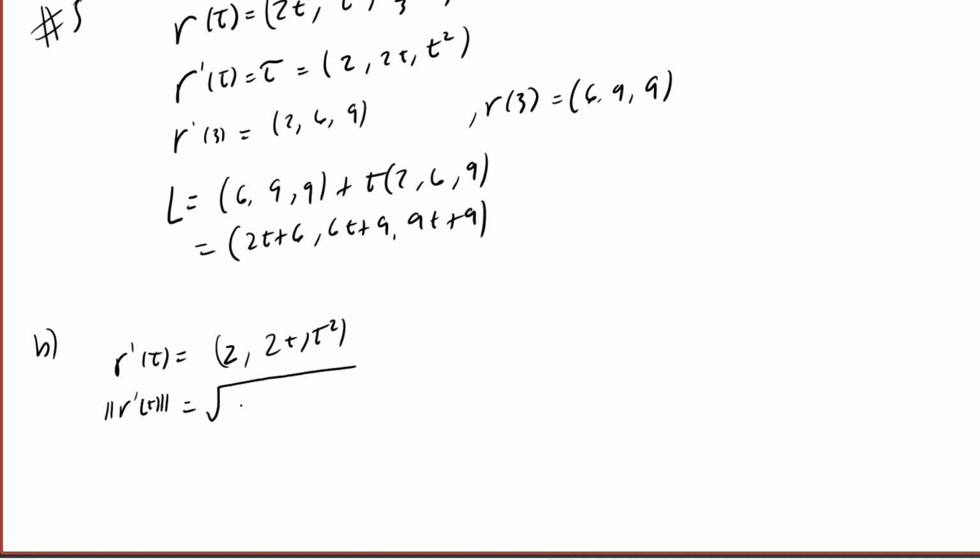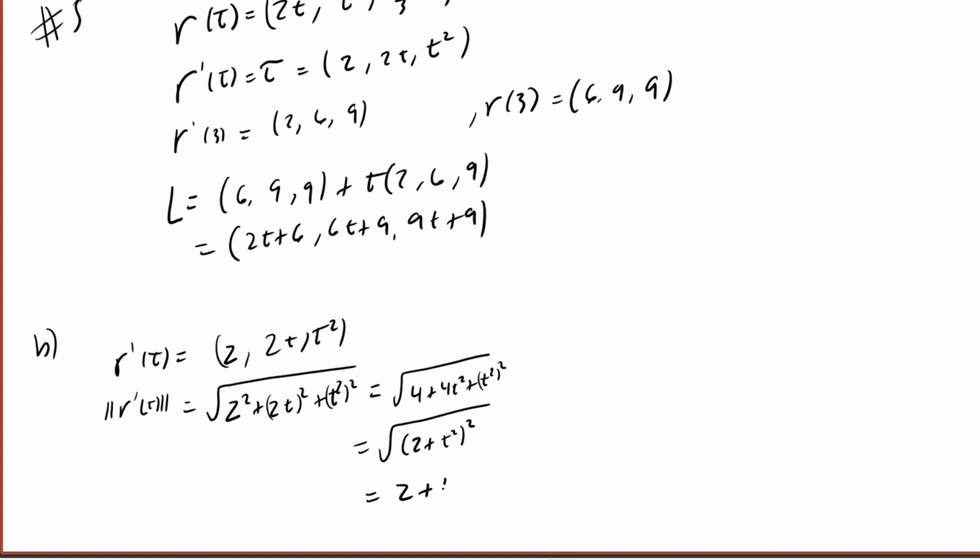So that's going to be the square root of 2 squared plus 2t squared plus t squared squared, which is what? 4 plus 4t squared plus t to the 4, which is 2 plus t squared, squared.